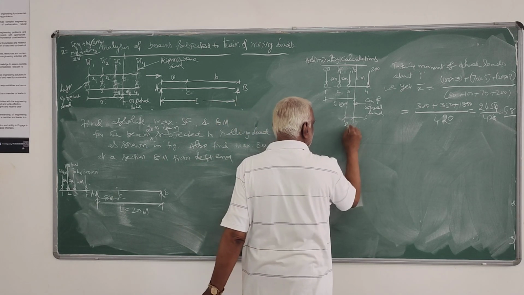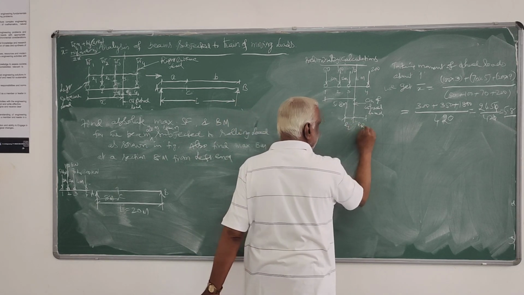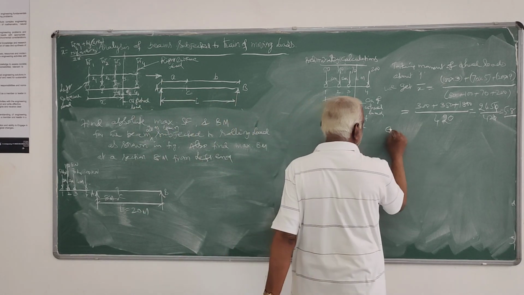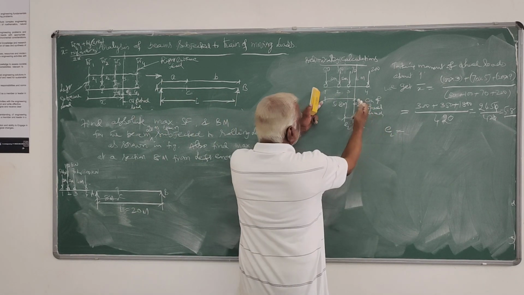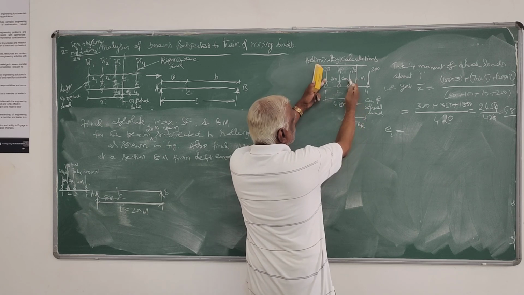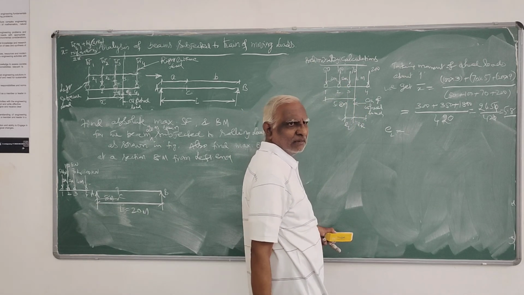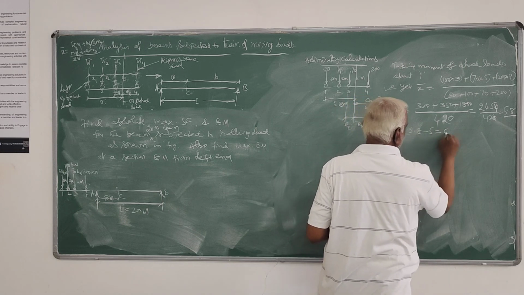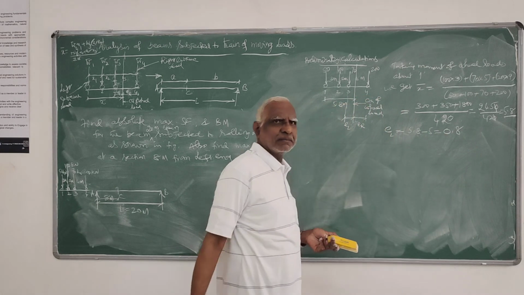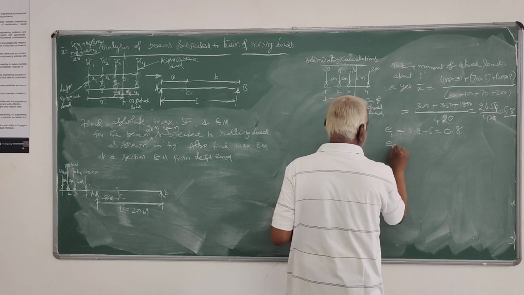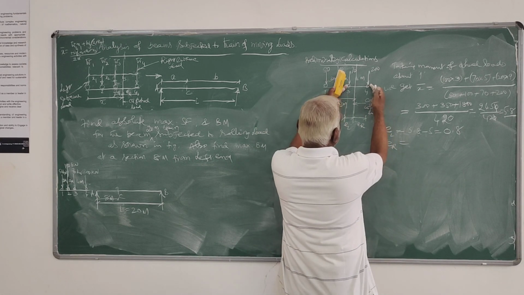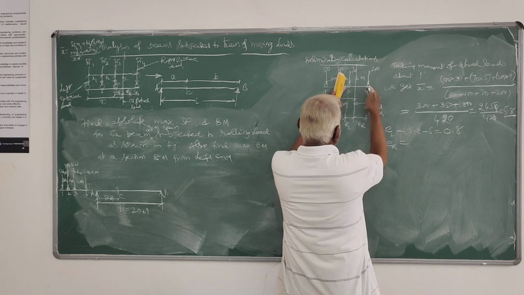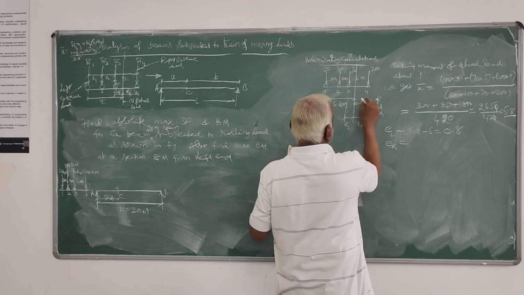So this is EL, ER, that's what we have told. EL is nothing but 5.8 minus 5, that is 0.8. And ER is nothing but 9 minus 5.8.